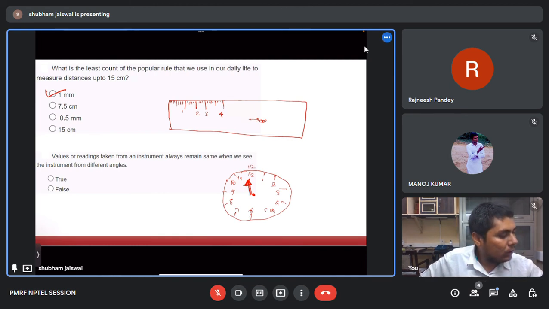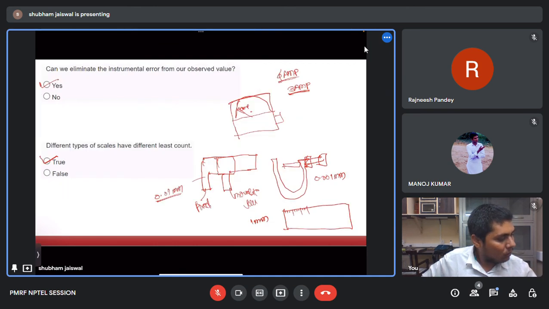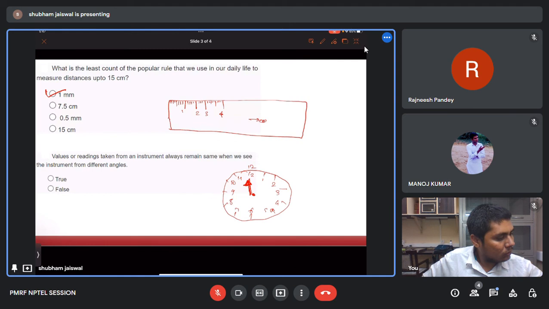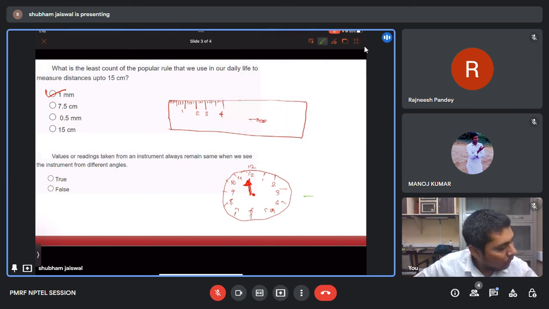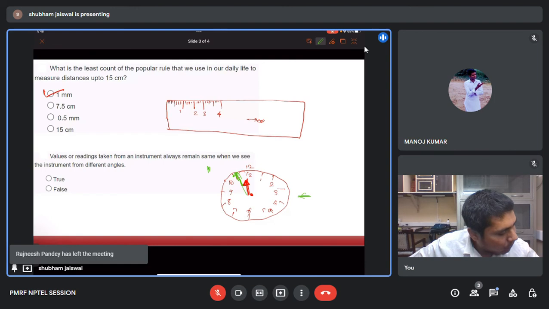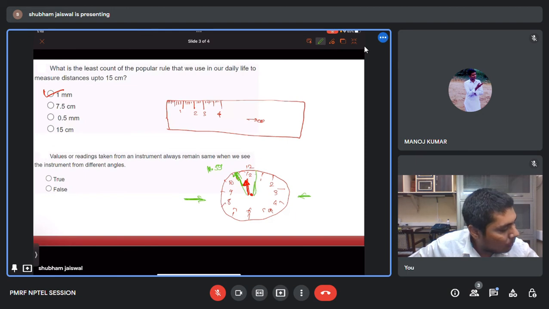But when we observe from this side, we will see that the hand is lying somewhat here, like 11:59. And if we see from this side, it can show 12:01.